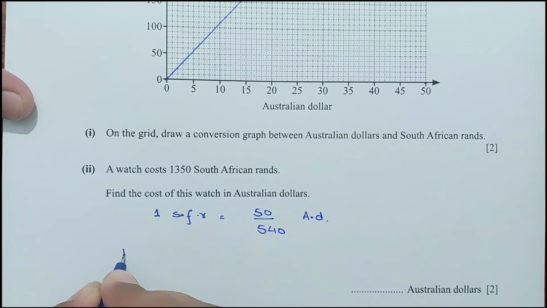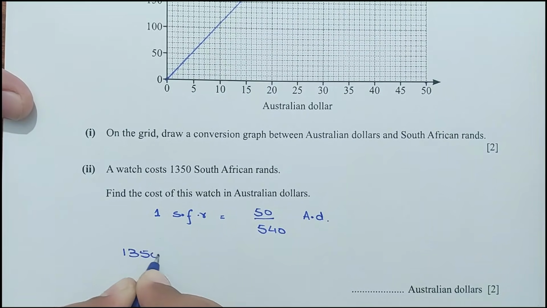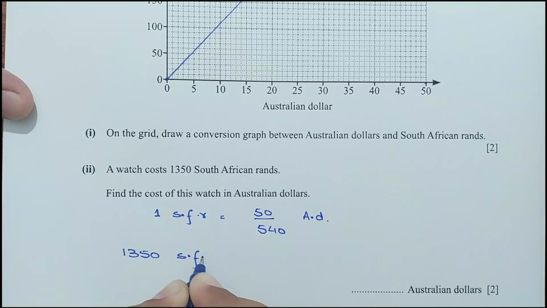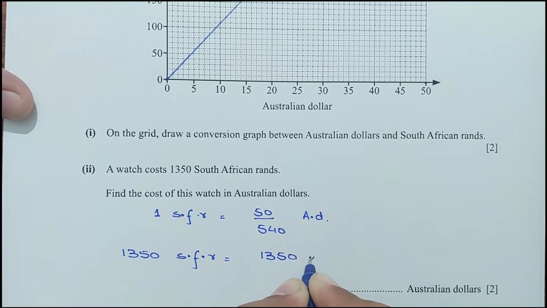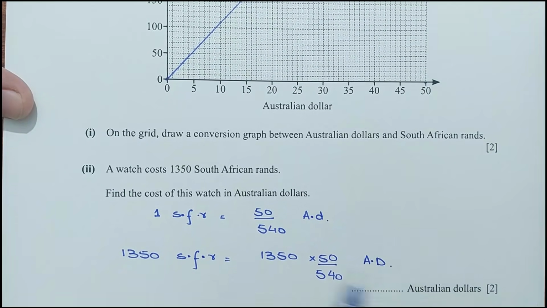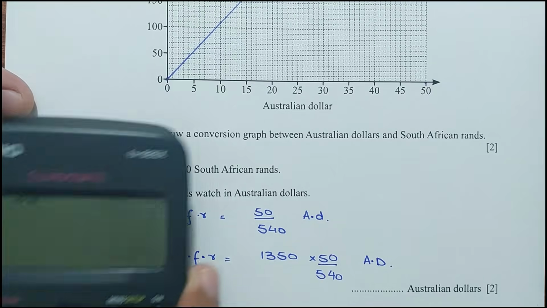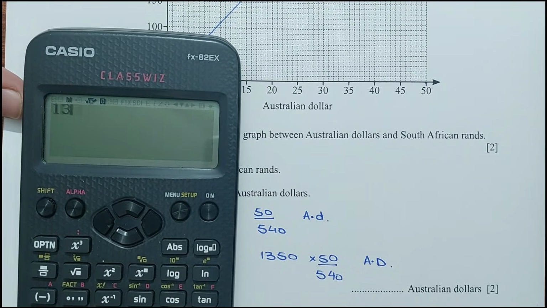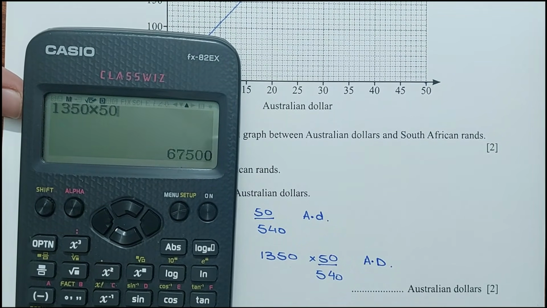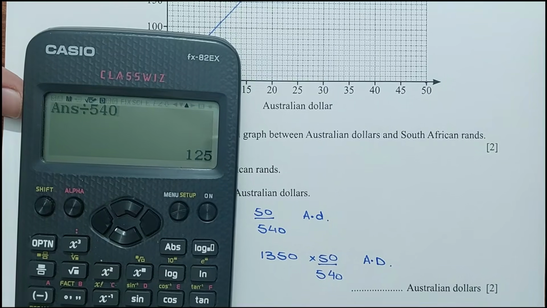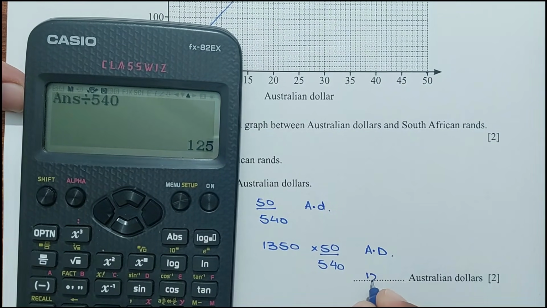So 1,350 South African rands is equal to 1,350 times 50 divided by 540 Australian dollars. Let me simplify. This is 125 Australian dollars.